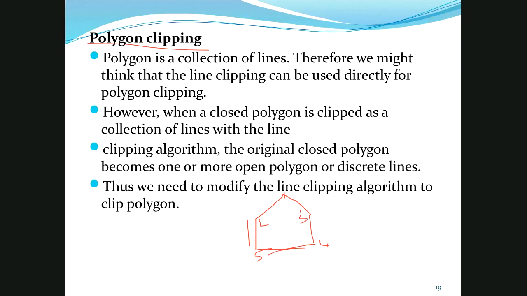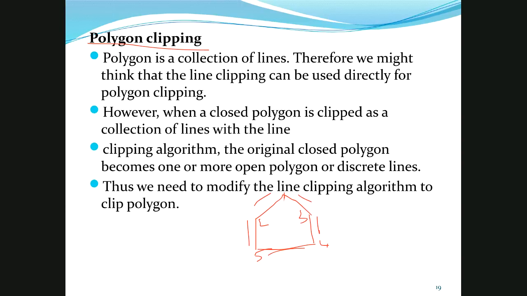So you can think maybe this is also like a line clipping algorithm, but by using polygon clipping, we can perform clipping inside the closed polygon and outside the closed polygon.